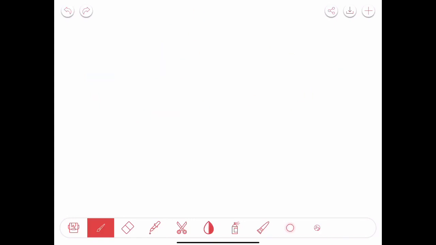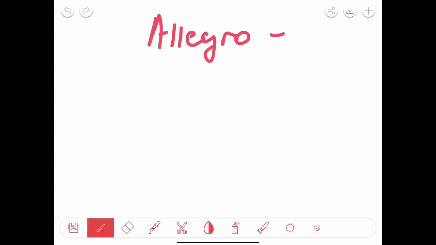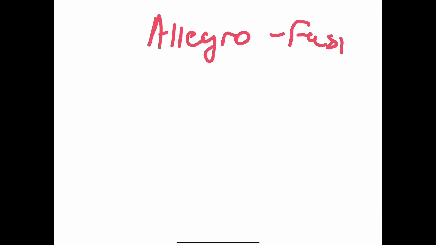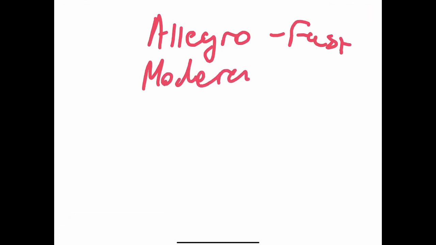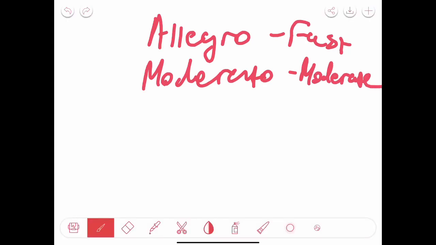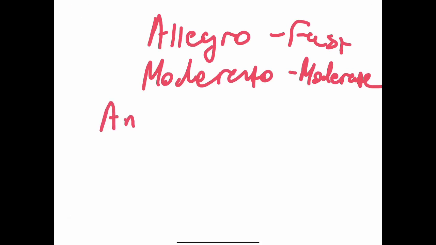Now let's talk a little bit about tempos. So you have allegro, which means fast. You have moderato, which means moderate. You have andante, which means walking speed.